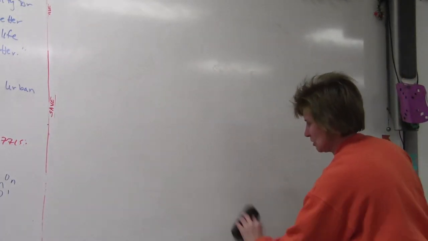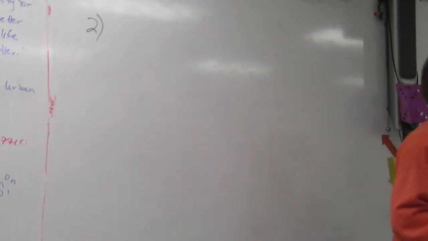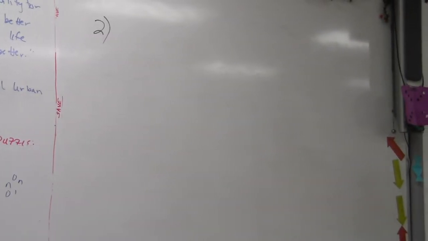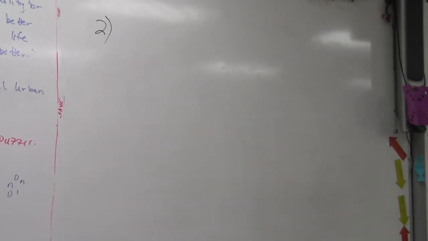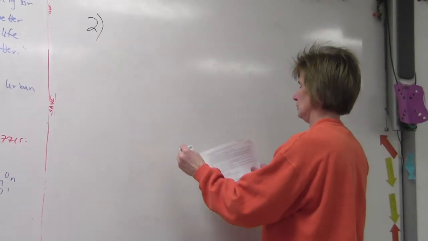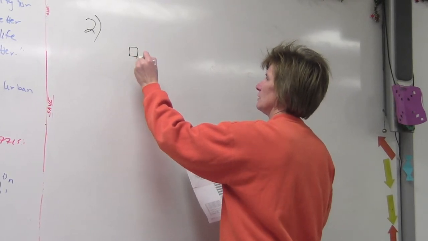So this is problem 2, the buckets, right? A 1.4 kilogram bucket is held by a string and whirled in a vertical circle. Wait for it.